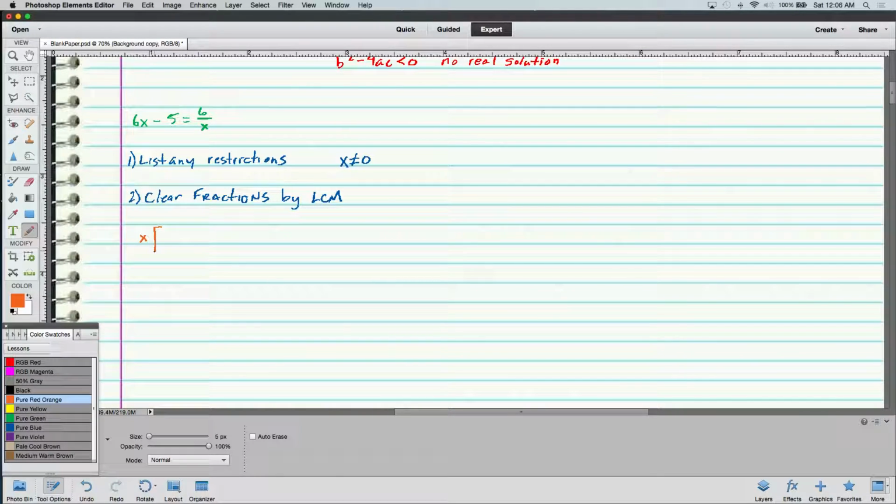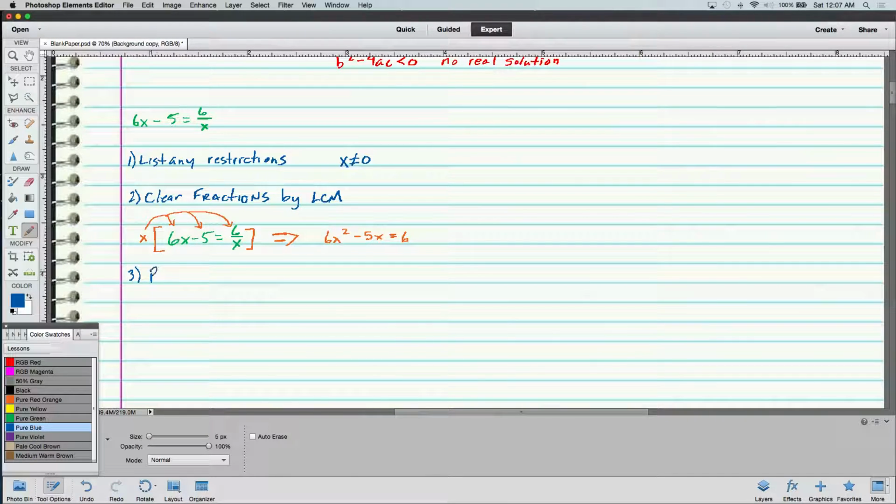So x times 6x minus 5 equals 6 over x. When we distribute this x to each of those, we'll get 6x squared minus 5x equals 6.